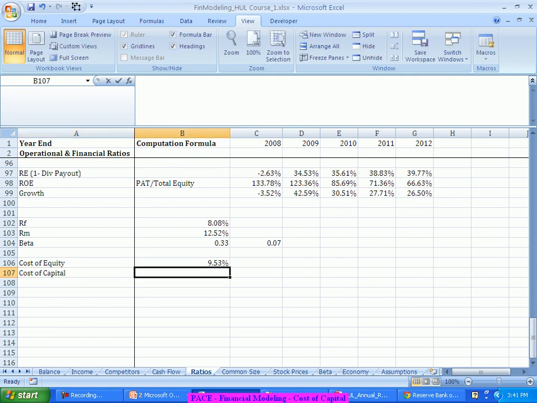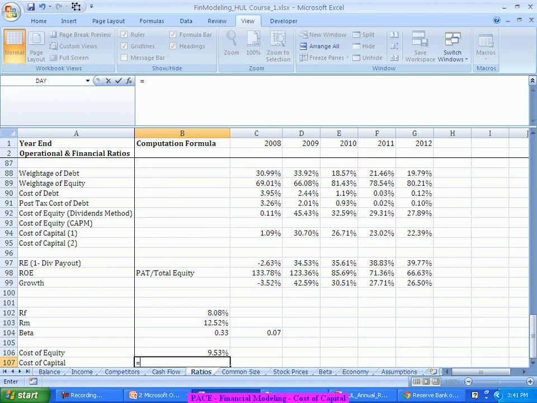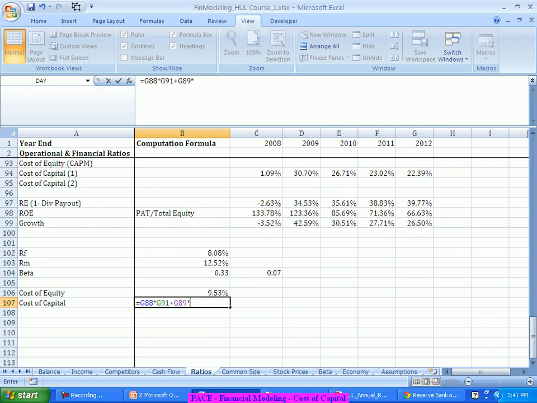So this is the cost of capital. Again it goes as the weightage of debt into post-tax cost of debt plus weightage of equity into cost of equity.